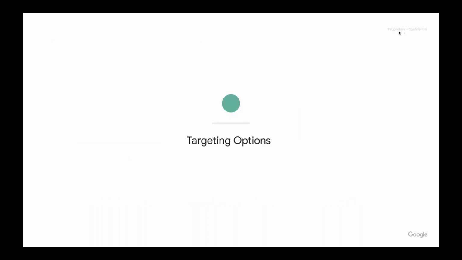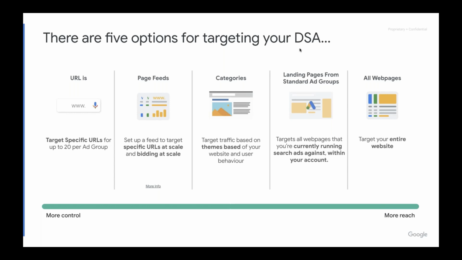So what are the targeting options, how can you actually control dynamic search ads, and what can you do to make it more tailored to your business needs? Keep in mind, again, there are no keywords per se, but the way you can target and expand your reach with dynamic search ads is through five targeting options.